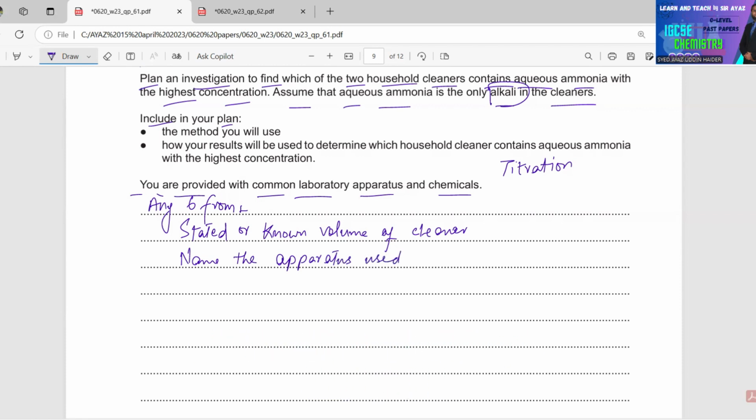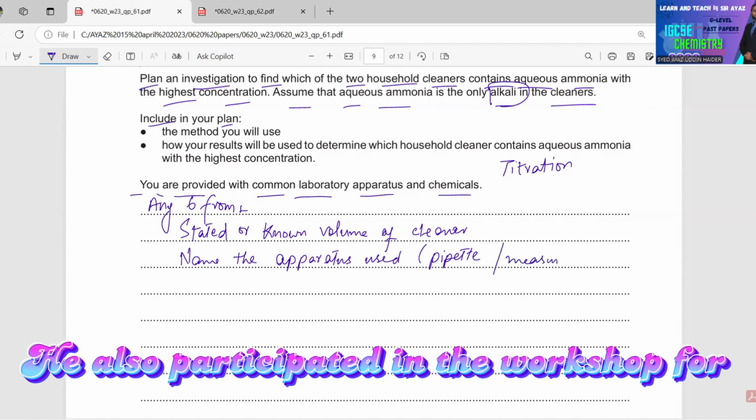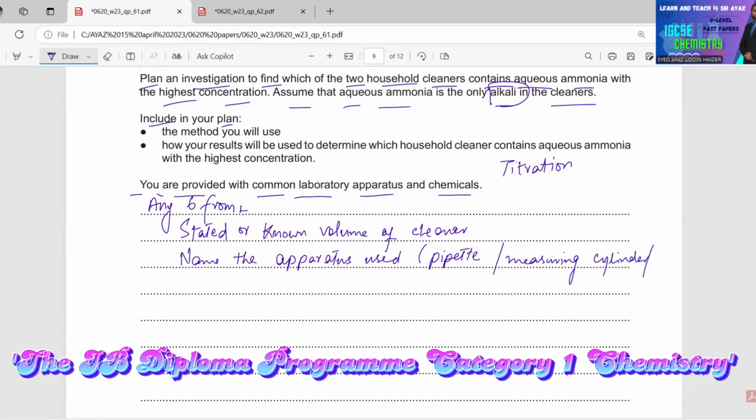Used, like you can use a pipette here. Definitely in the titration you will use a pipette for transferring alkali to a conical flask. Then you will use a measuring cylinder also. And it's a titration reaction, which means you are going to use acid.